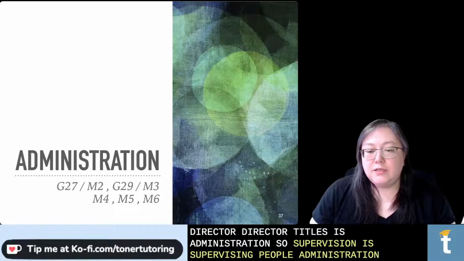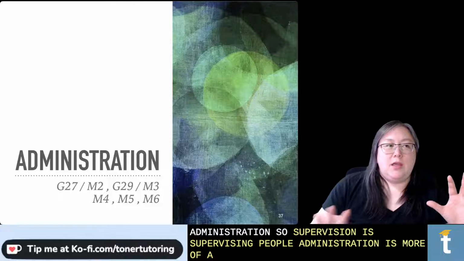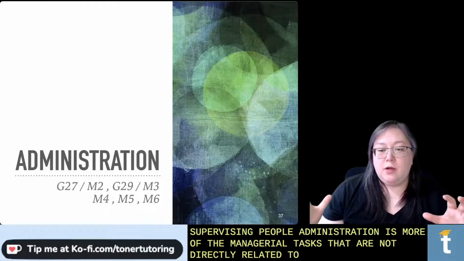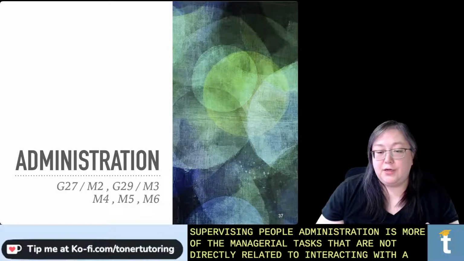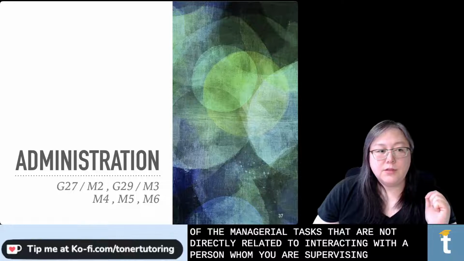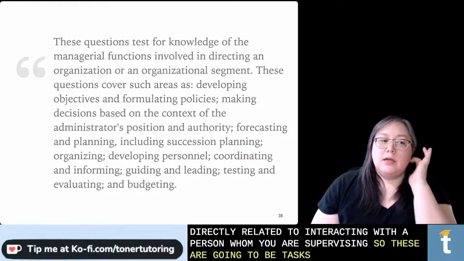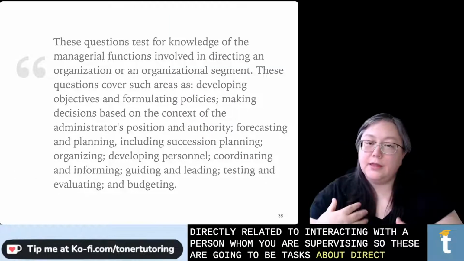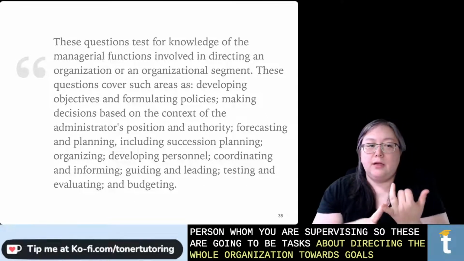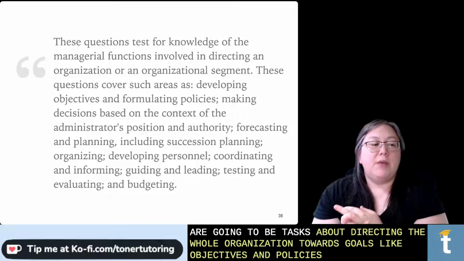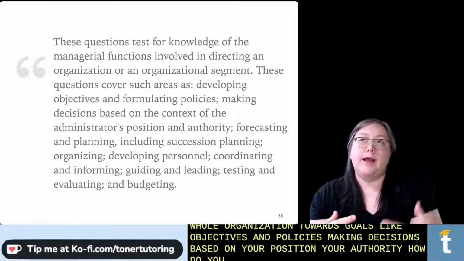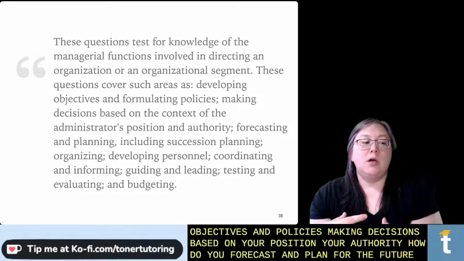Administration is more of the managerial tasks that are not directly related to interacting with a person whom you are supervising. So these are going to be tasks about directing the whole organization towards goals, like objectives and policies, making decisions based on your position, your authority, and how do you forecast and plan for the future.